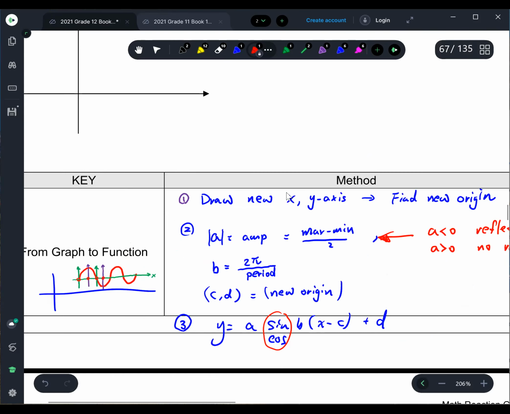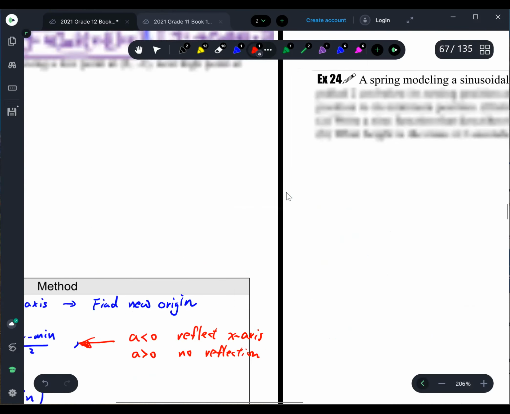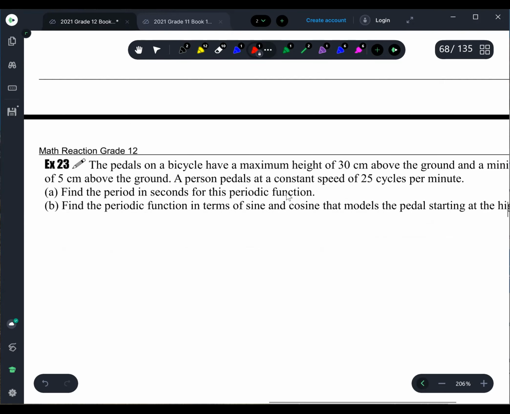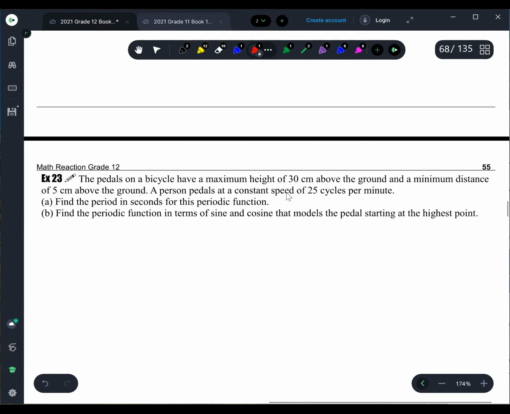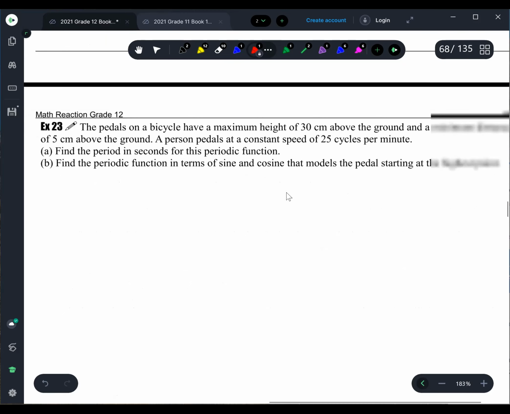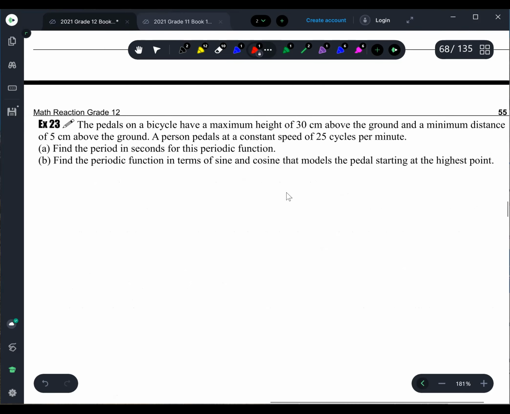All right, so let's look at next page. Page 55. So instead of telling you points, they tell you there's a bicycle. So from the description, you want to figure out what a graph should look like.